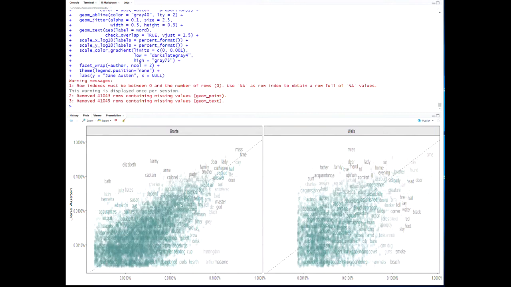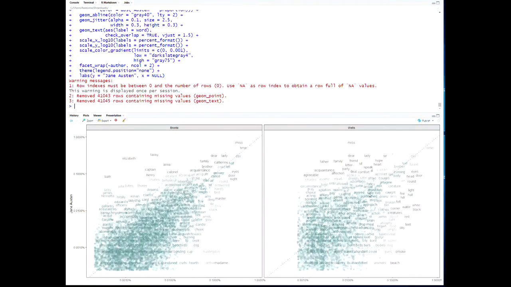I see they're much more grouped along the line where they're the same percentage, whereas Wells and Austen are not grouped so much along the line where they're similar. So this tells me that, from a visual perspective, Wells and Austen have less in common than the Bronte sisters and Austen, which is what I would suspect would be true just based on the type of authors they were.